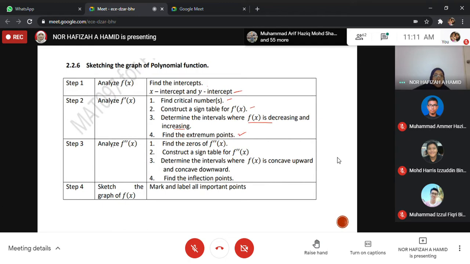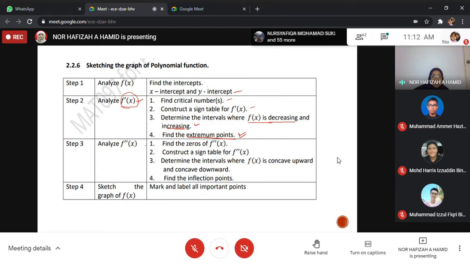Okay, and step 3. For step 2, you need to analyze f prime. So f prime relates with increasing or decreasing function, and increasing or decreasing intervals, and also relates to extremum points. So we have two things that relate with f prime x. For step 3, we need to analyze f double prime x.